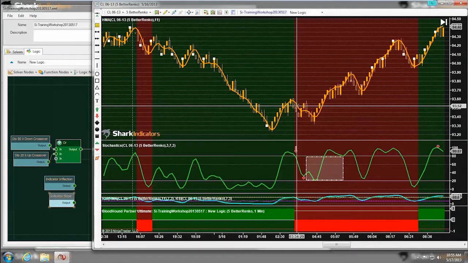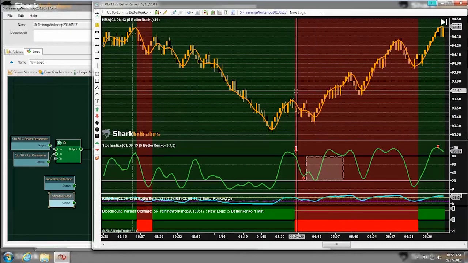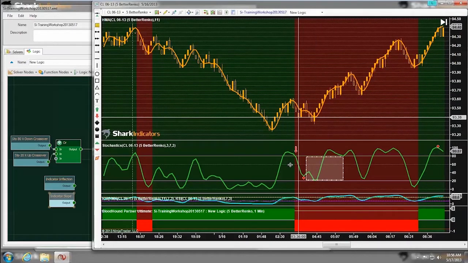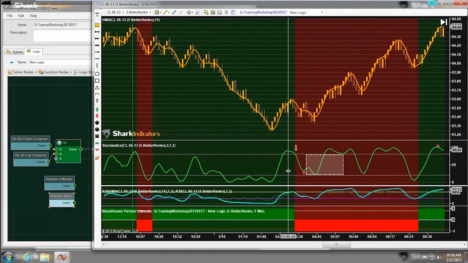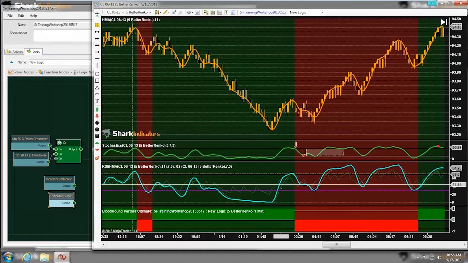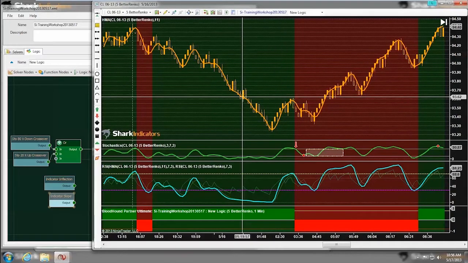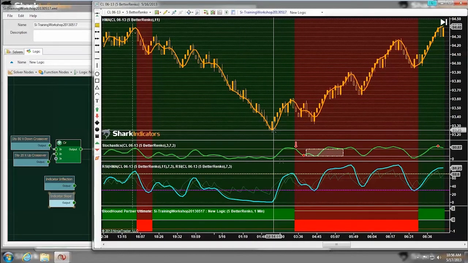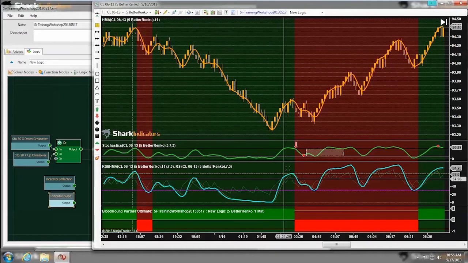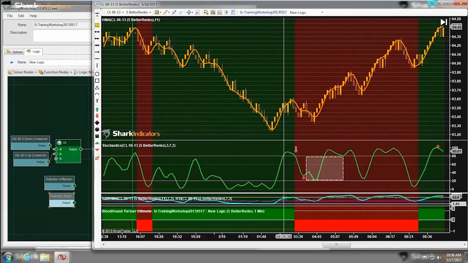And so this here is an HMA 11, and the reason why that's on there was originally I was trying to get the RSI to do what I wanted, and I was smoothing the RSI out with the HMA, and so I wanted you guys to see the HMA that was being fed into the RSI. But I decided to abandon that and just go with the stochastics.